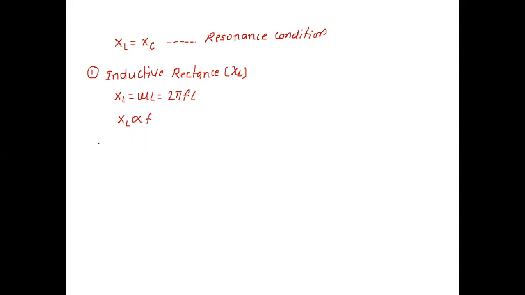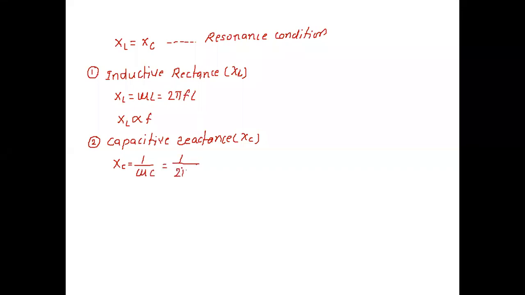Is it right? And the second part is capacitive reactance, which is nothing but XC, where XC is equal to 1 upon omega C, which is equal to 1 upon 2 pi FC. So may I say here, XC is inversely proportional to the frequency.